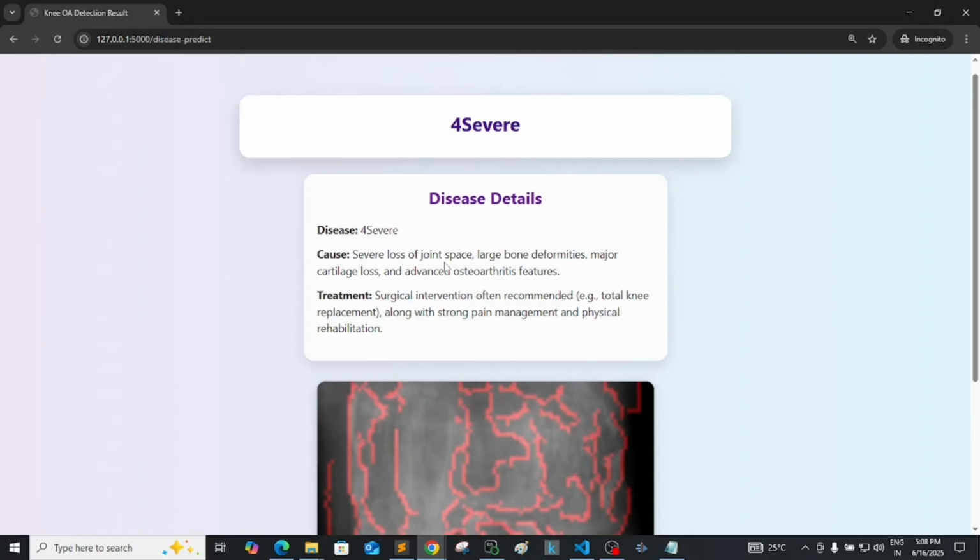So now you saw the results, but I will be showing you the entire web application: how we built it, how we integrated the models, how we trained the models, what models we used, what accuracy we are getting, and why our proposed methodology is far better than the existing methodologies, by going through multiple IEEE papers. First we'll discuss what this disease is, its causes and all those things.